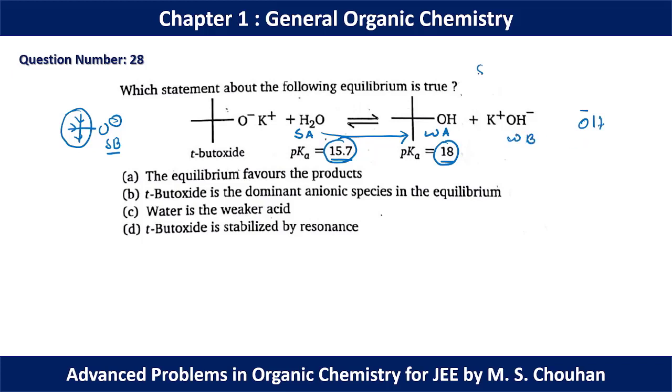In this case, strong base and strong acid have reacted and formed weak acid and weak base. So the equilibrium favors the product because it is the most efficient reaction, where a strong reagent reacts to form a weak reagent. So option A should be the correct option.